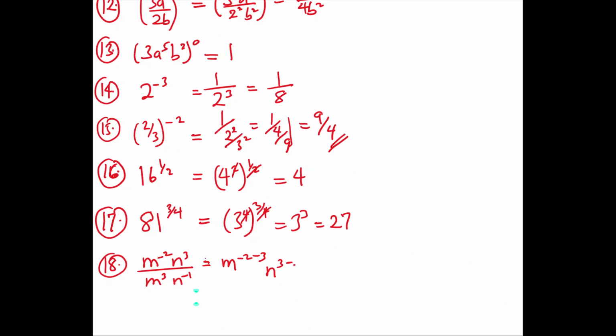Okay, and then n with 3 minus 1. So m minus 2 minus 3 will be minus 5, and n 3 plus 1. Okay, and then the final answer will be m raised to power minus 5 n raised to power 4.